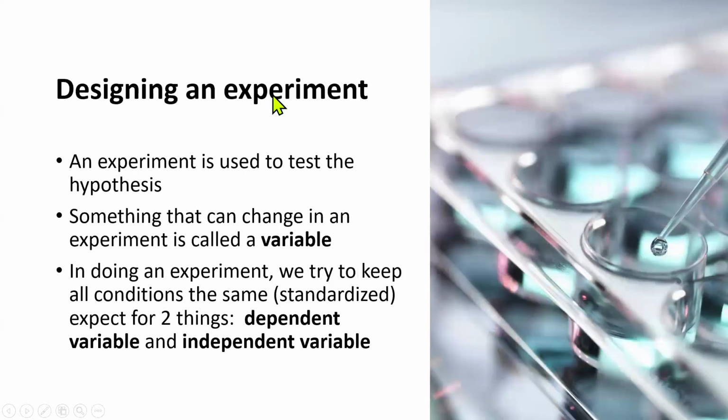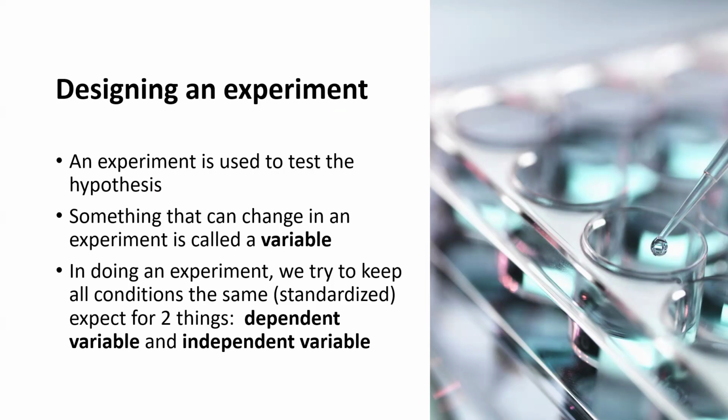So how do we run an experiment? The purpose of an experiment is to test the hypothesis. And in an experiment, there are many things that can change. Anything that can change is called a variable. We try to keep all the variables the same.